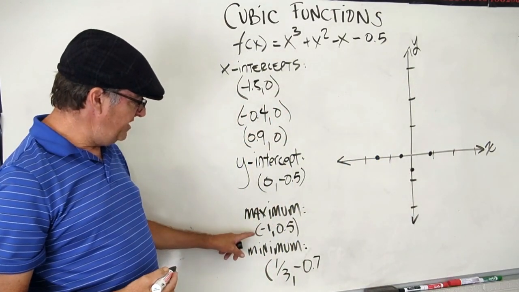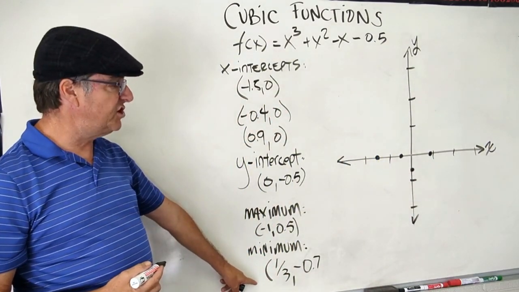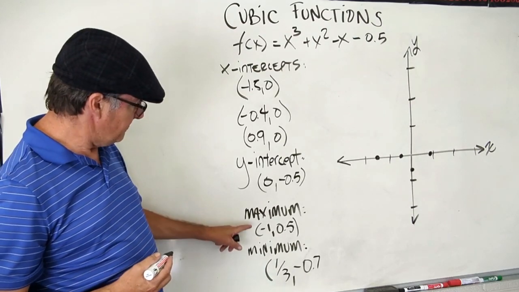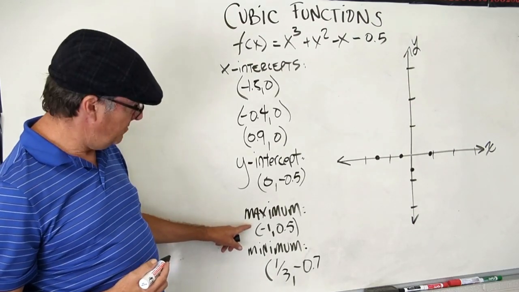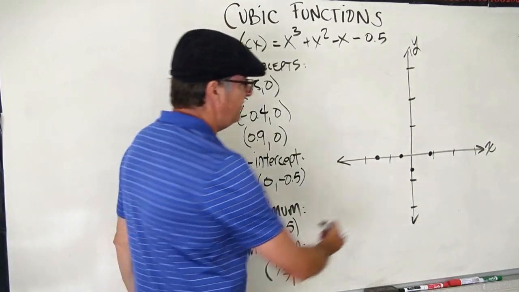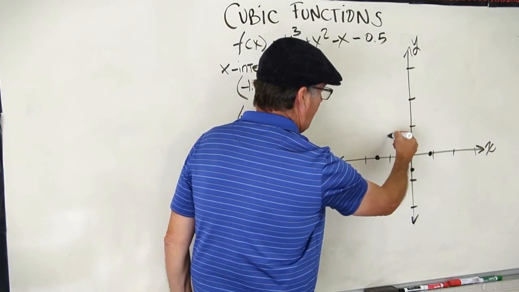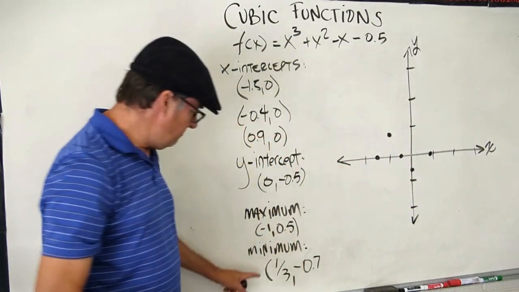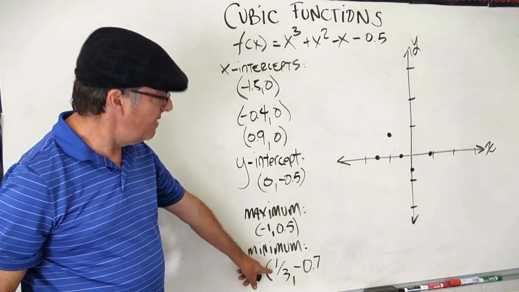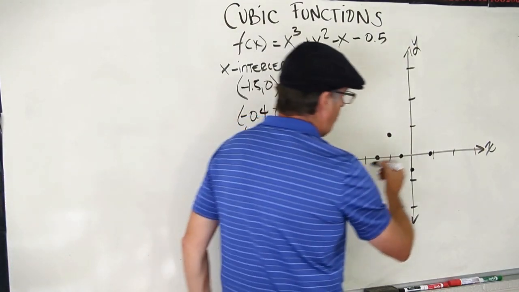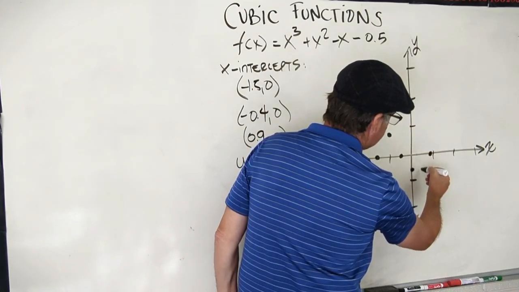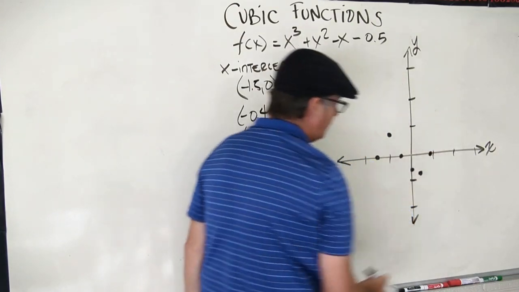Okay, and then now these are going to be important because they're going to kind of show us how the graph works. So my local maximum is at -1.5. So -1.5 right there. And then my local minimum is at 1/3, -0.7. So that's 1/3, -0.7. That's going to be somewhere around in there.